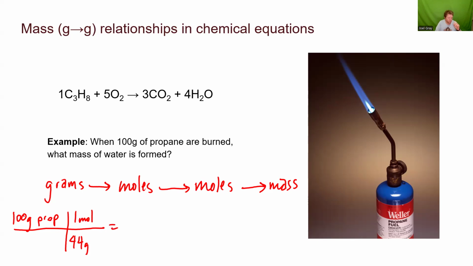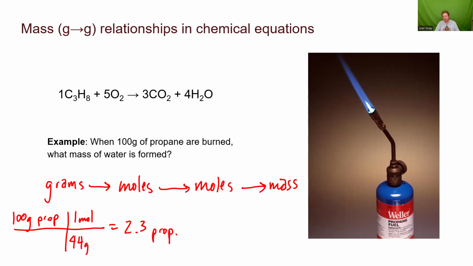Okay. So 100 divided by 44 is, I'm going to call it 2.3 moles of propane.